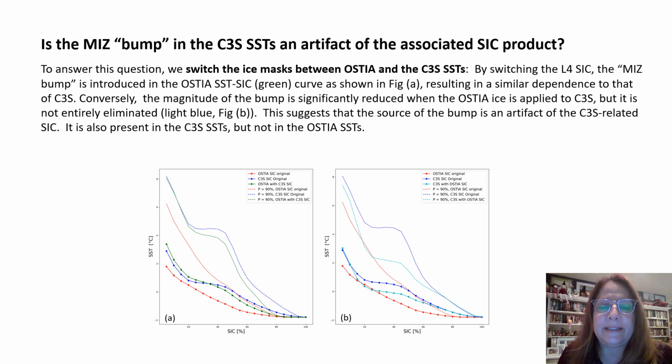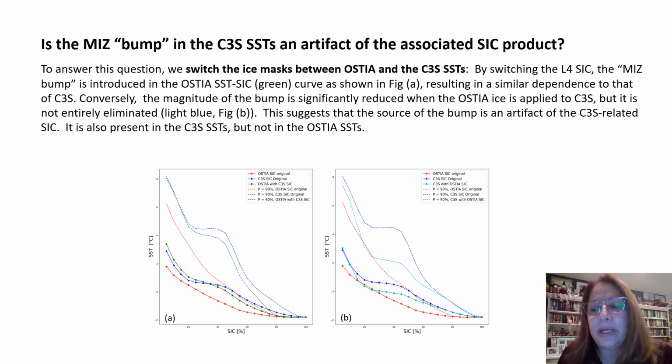And we can see in the before-after curves, once we use the CCI ice with the Ostia SSTs, we introduce that bump into the Ostia SSTs. So that means that the artifact is indeed part of the sea ice associated with the CCI.